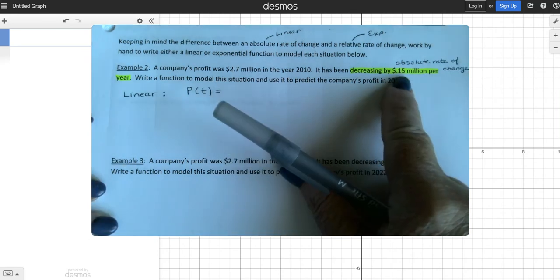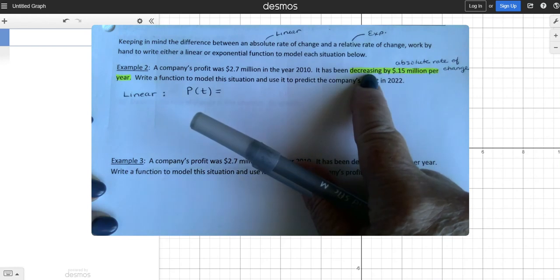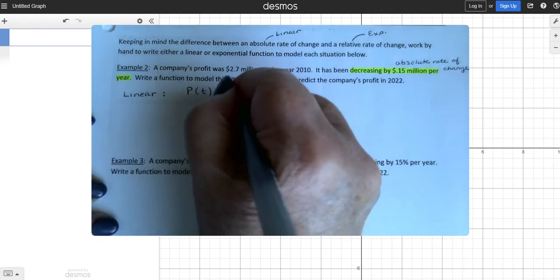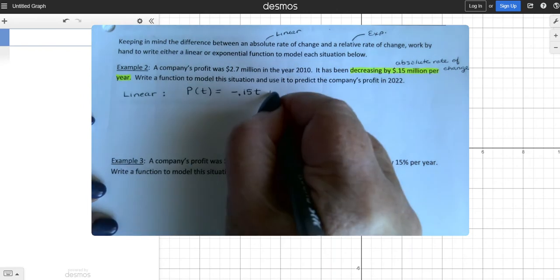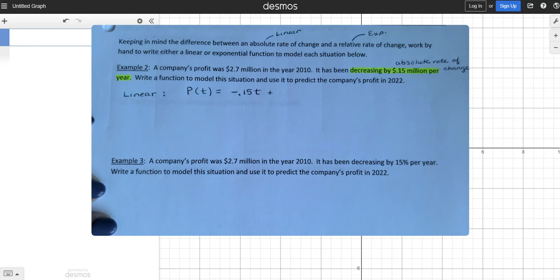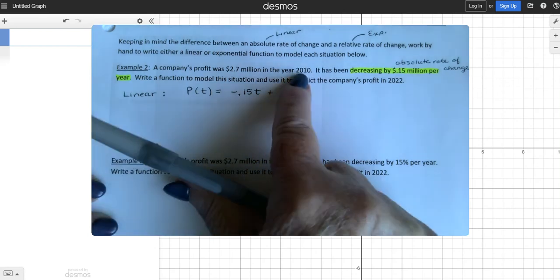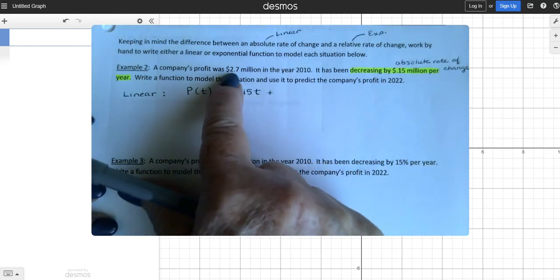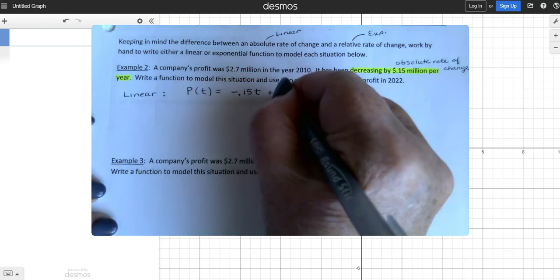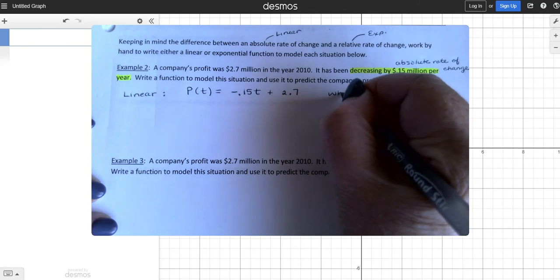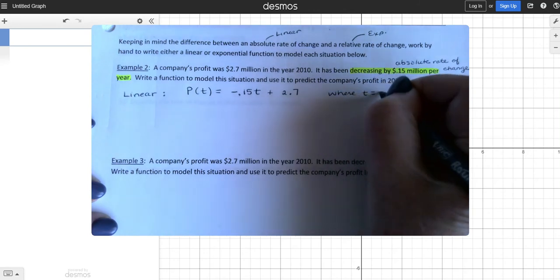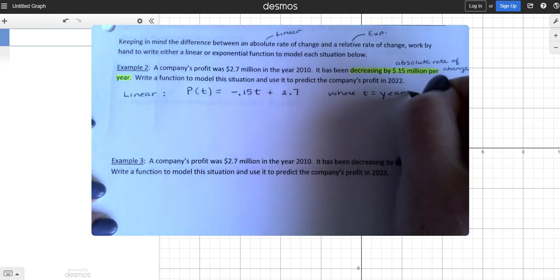The slope's right here in the absolute rate of change, decreasing, so negative 0.15 times t plus the y-intercept. As long as we use 2010 as our starting year, then the 2.7 can be my y-intercept. So we'll assume t is years after 2010.